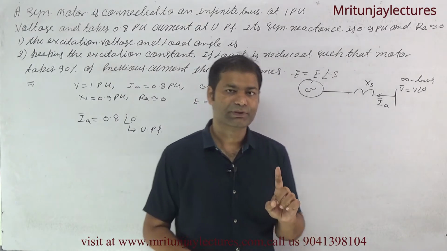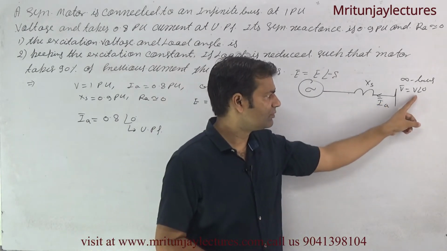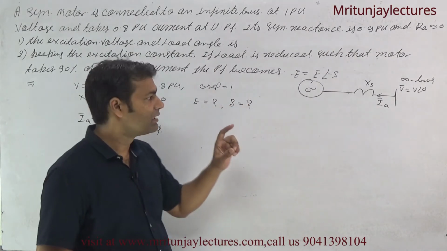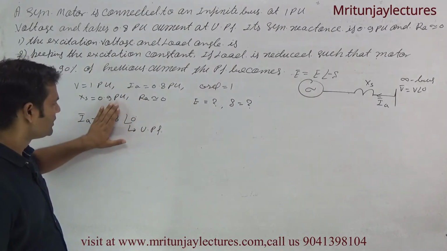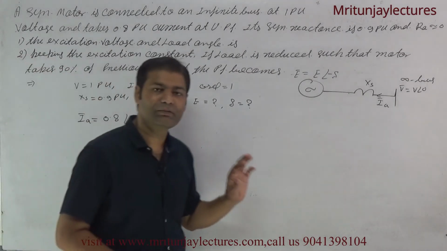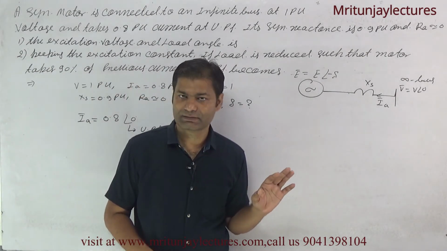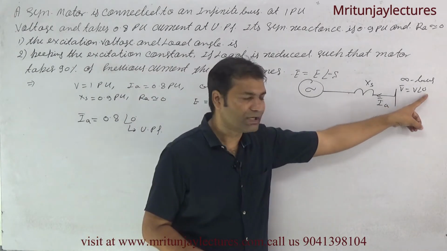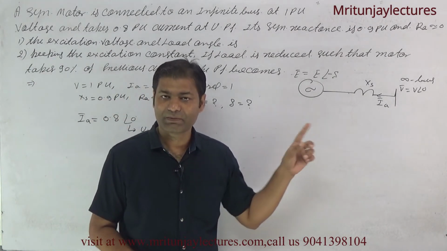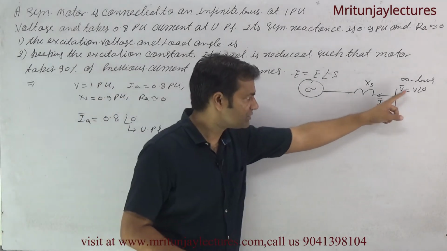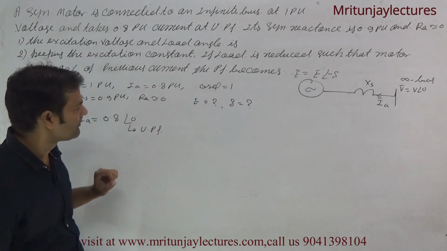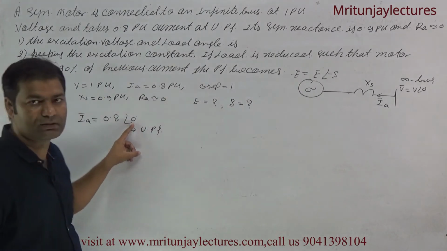If V is equal to V at the angle 0 and the power factor is unity, then Ia, whatever the value of the current, has angle 0, because the angle between V and Ia is 0. If this one is alpha, then this one is also alpha, so the power factor angle alpha minus alpha is 0. That's why we have considered this one as 0, because the power factor is unity. Clear?